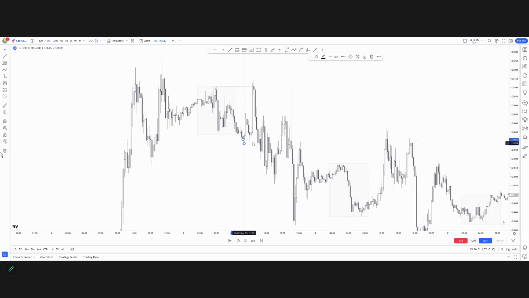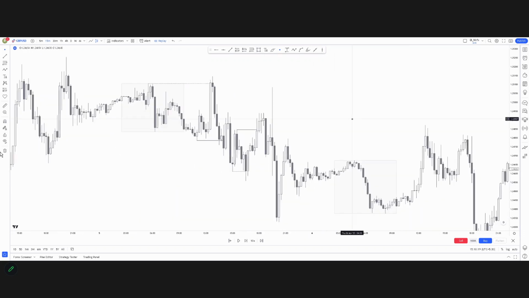I will mark my strong high, a break of structure at the body here, and I will mark my weak low from here, sweep of liquidity, and I'll mark my break of structure like this. Now this is our strong high, this is our weak low, and I will mark the internal range liquidity. What is internal range liquidity?